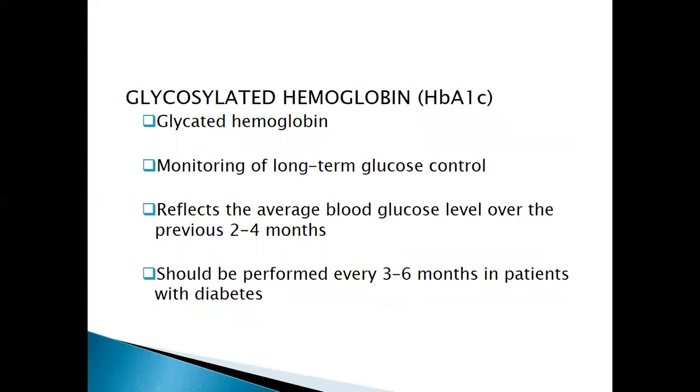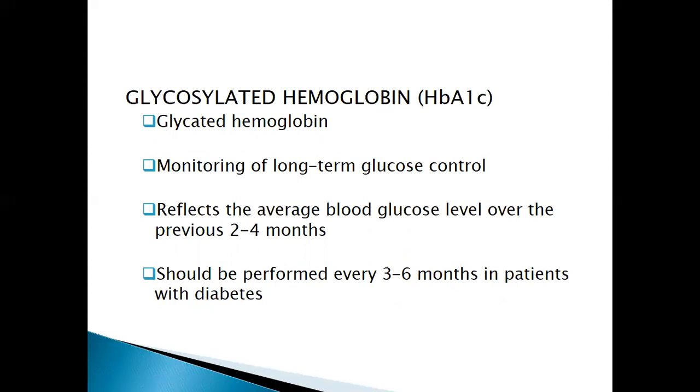Now, another test that we use in the laboratory to determine long-term control of glucose is your glycosylated hemoglobin. This usually reflects the average blood glucose level over the previous 2 to 4 months and is usually performed every 3 to 6 months in patients with diabetes.